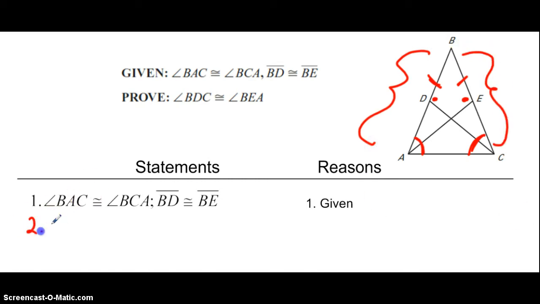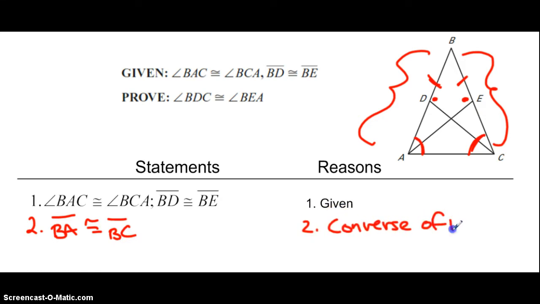So my second step is going to be that segment BA is congruent to segment BC. And this is the converse of the base angles theorem.